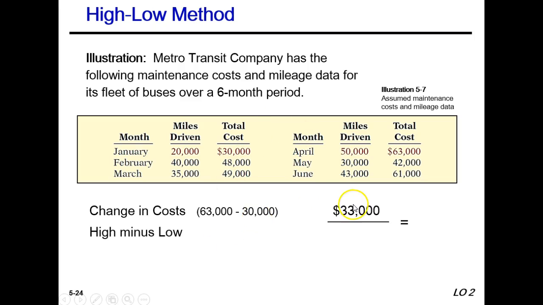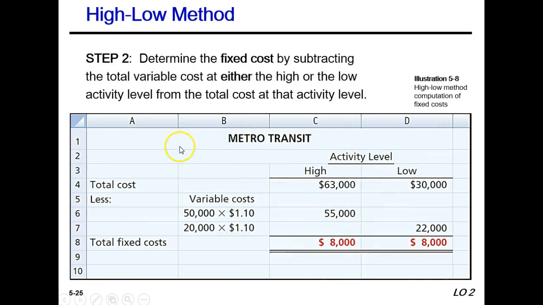Okay? The difference is $33,000. We're going to take the 50,000 miles driven, the low month, 20,000 miles driven, gives us a 30,000 mile difference. The $1.10 cost per mile is the difference when we go high versus low, how we'll calculate the variable piece.